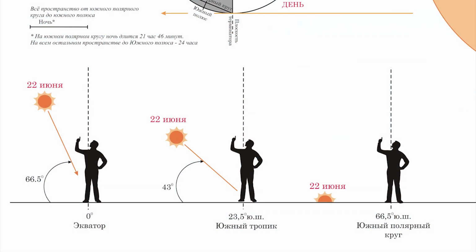At the moment it's 23.5 degrees tilted. And it goes around the sun.